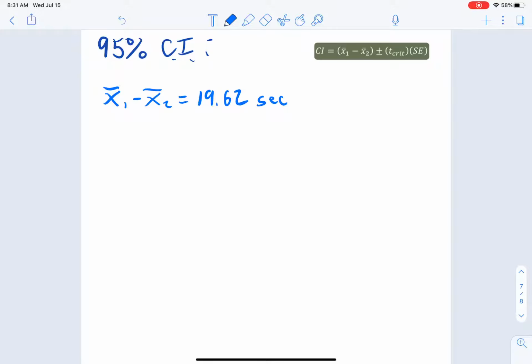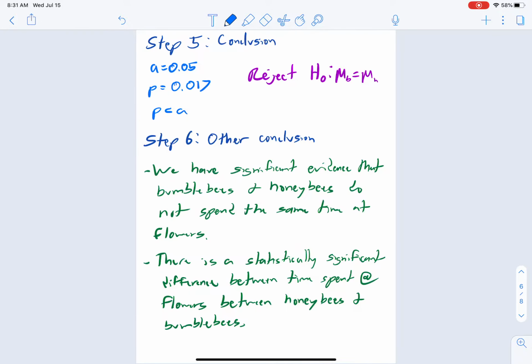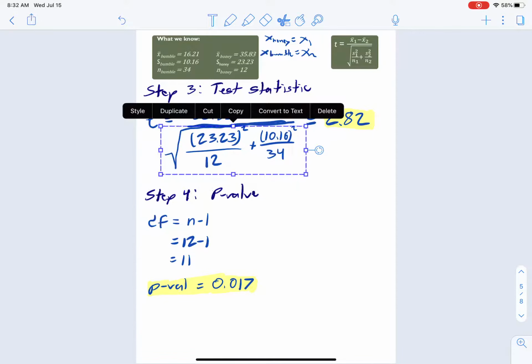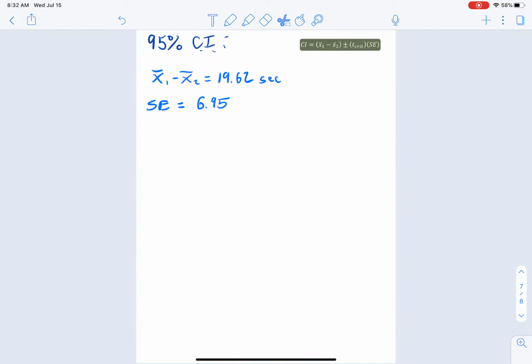Then the standard error, well, that's just the denominator of our test statistic, which is pretty sweet. That turned out to be 6.95, right? And you can see that if you were to just take this and work it out. In fact, let me just do that. It's going to be a little bit cut off, but you get it.